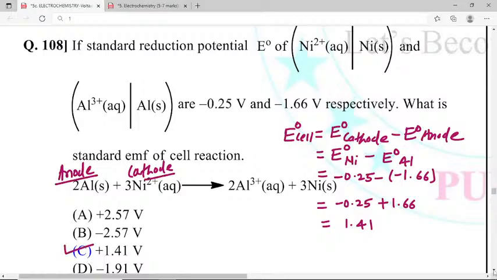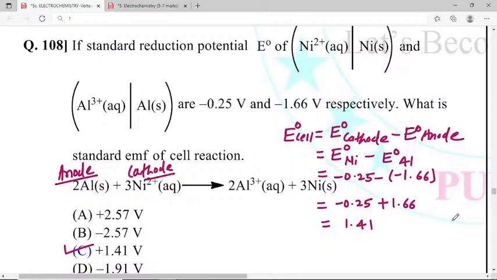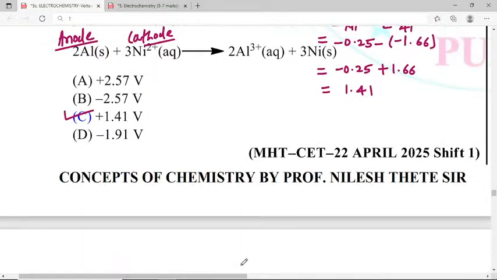So option number C is correct. Okay, get it? Next question.